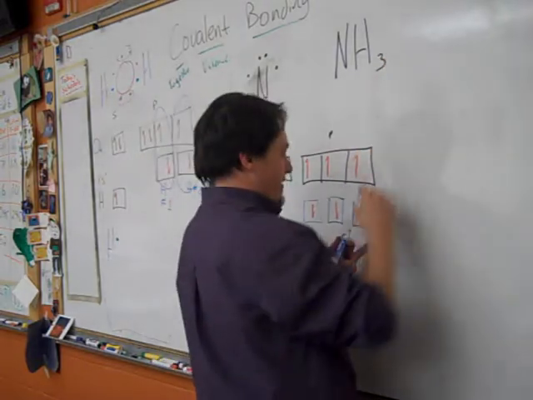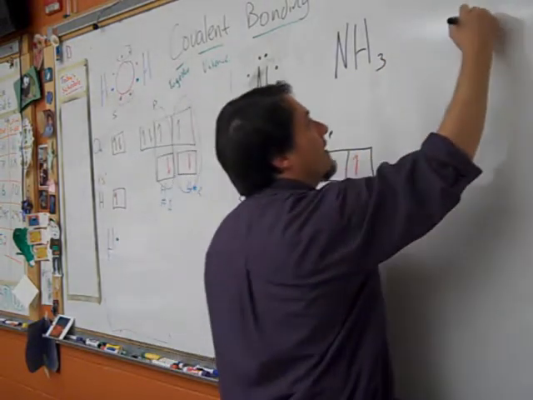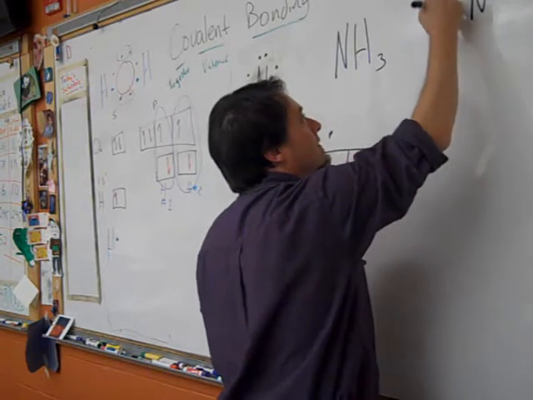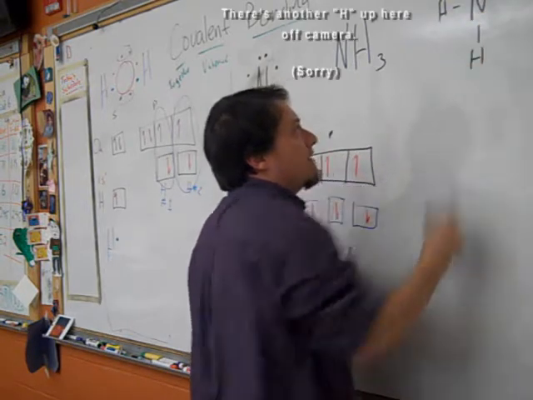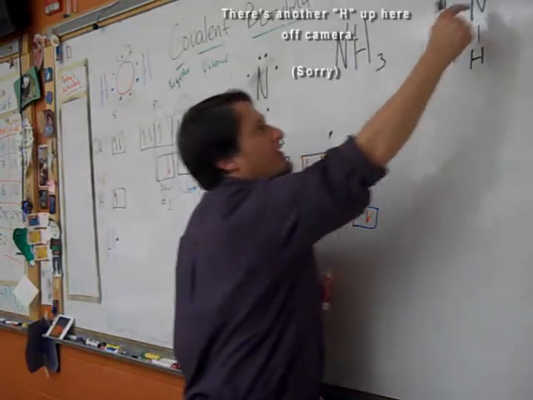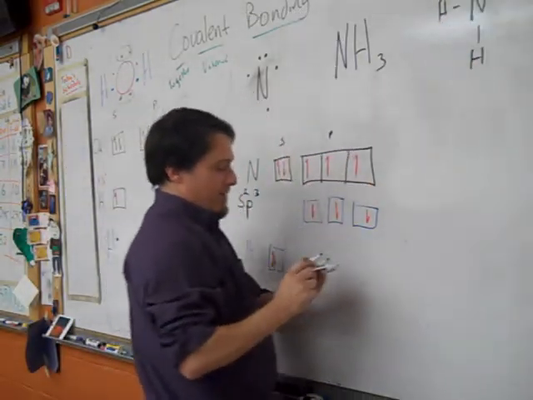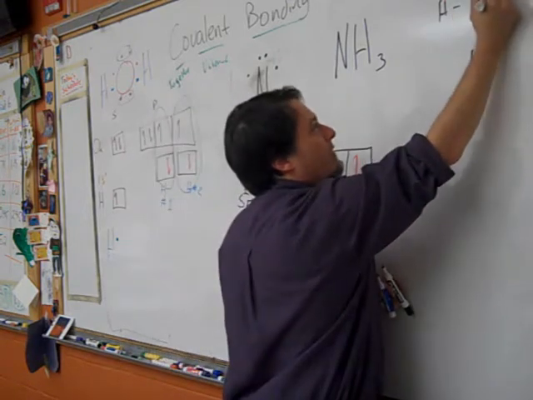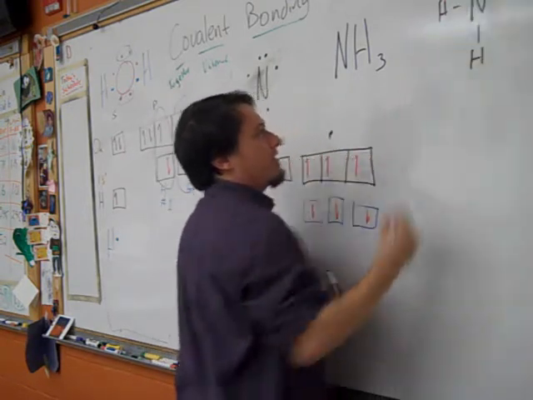So if we draw, there's a lot of ways to draw this. Here's one. That's another way to do this. And so this is a ball and stick figure, I guess it's called. And what this really represents is the 2 shared electrons.